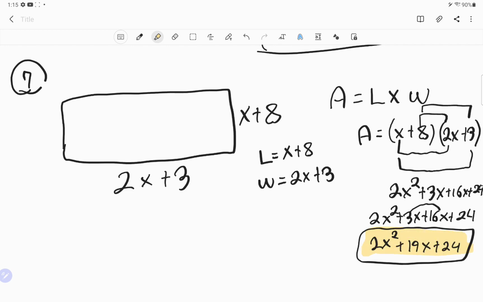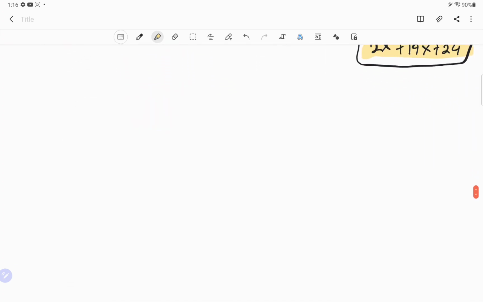This one, you don't have to divide by anything. You don't have to do anything special. You just multiply both of your areas, this one with this one, and that's all. So your answer is 2x squared plus 19x plus 24. All you're doing is just the FOIL method.